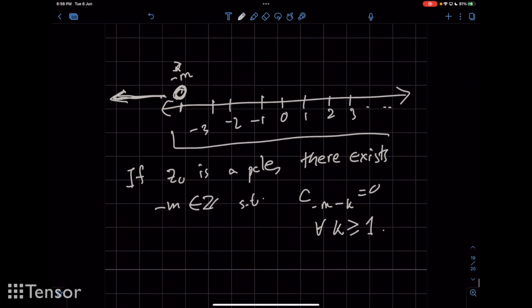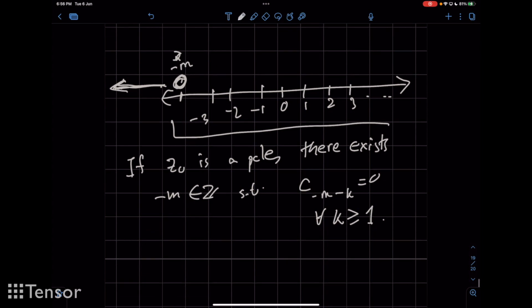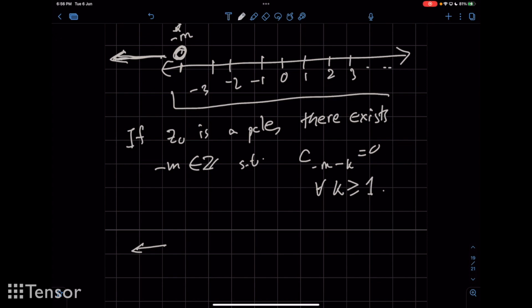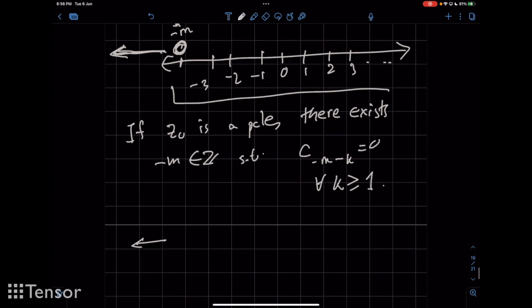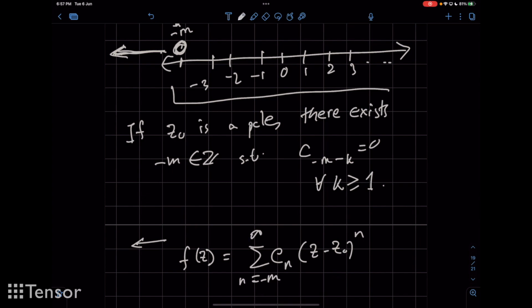So in some sense, I have the concept of a first non-zero coefficient. By first, I mean that all the previous ones are 0. So the Laurent series basically starts from c sub negative m. I can basically write the Laurent series as the sum of c_n (z minus z naught) to the power n, where the sum starts from negative m and goes up to infinity.